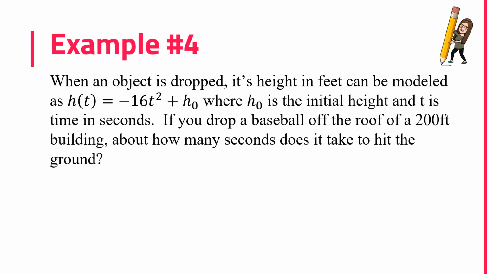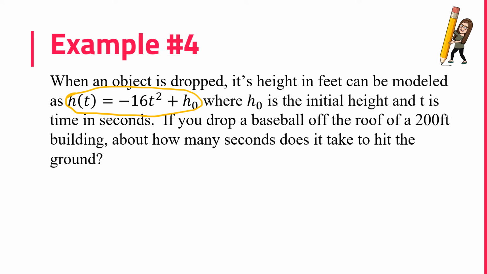We're also going to be working on some word problems. Now in these problems, you will typically be given the formula. So your goal is you're going to have to fill in the variables you know. So let's read through. When an object is dropped, its height in feet can be modeled as this equation. H sub 0 is the initial height.